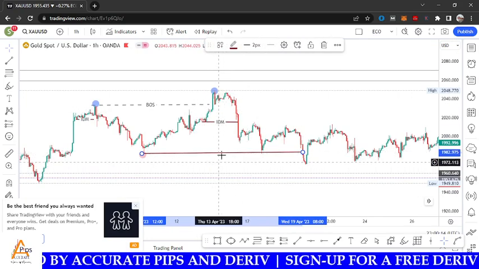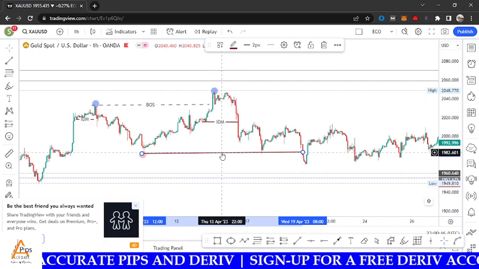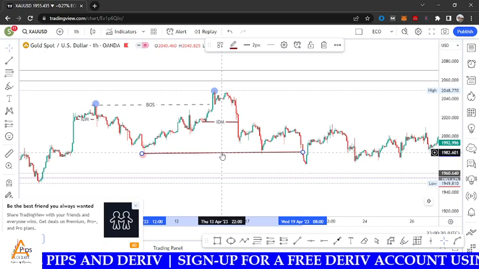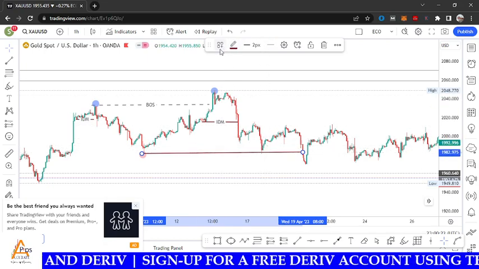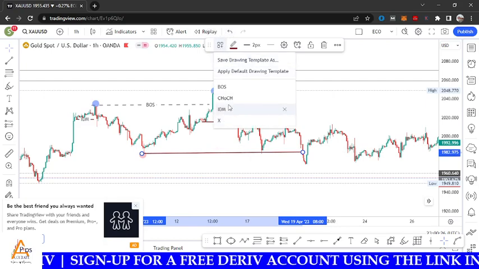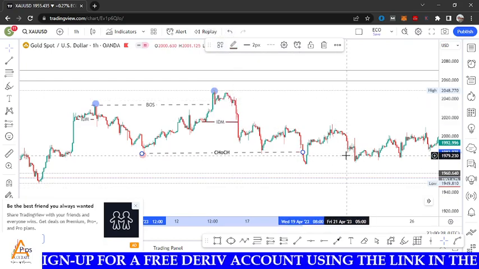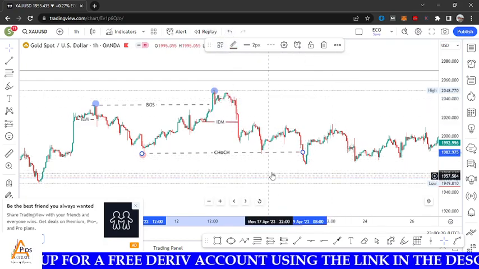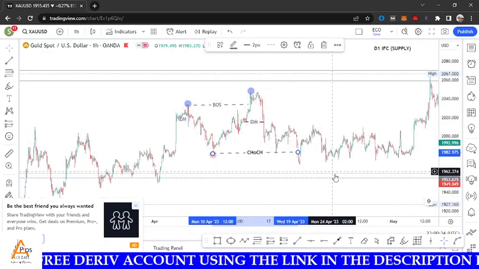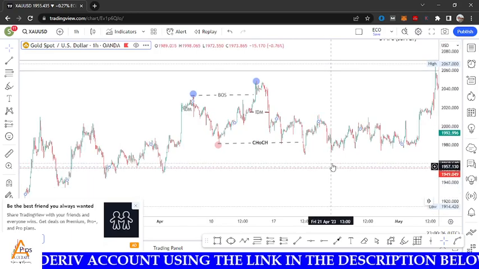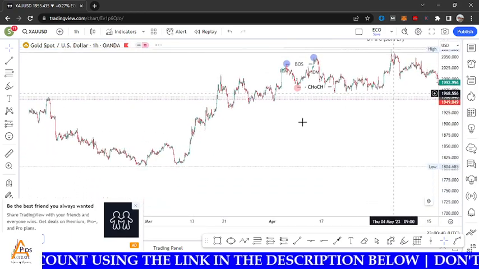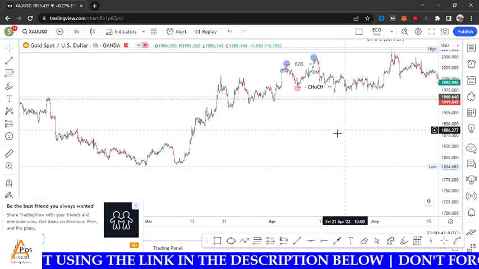This low here, it means we have changed character in terms of structural formation. So based on our structural formation, this is a change of character of the entire trend. Okay, now from bullish back to bearish. Because on the overall, let me show you, we are on bullish mood.